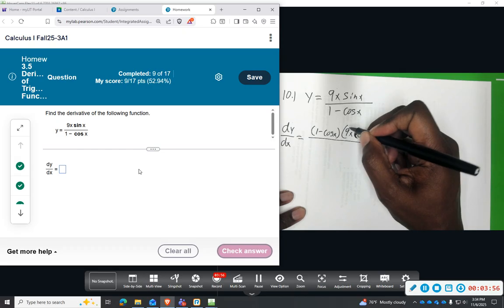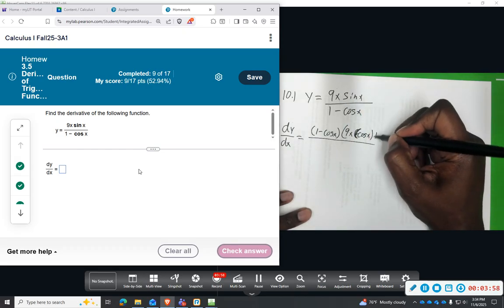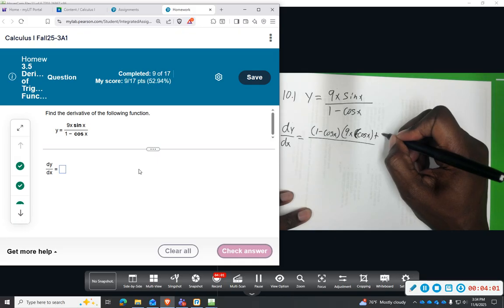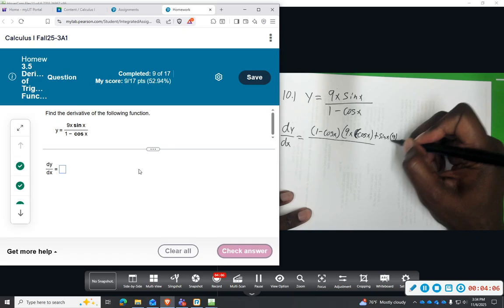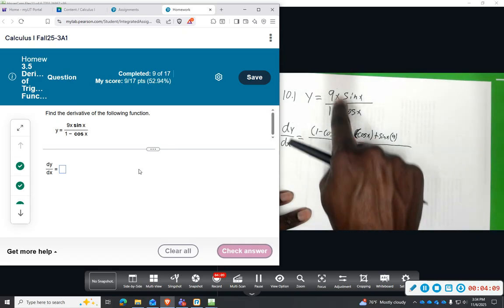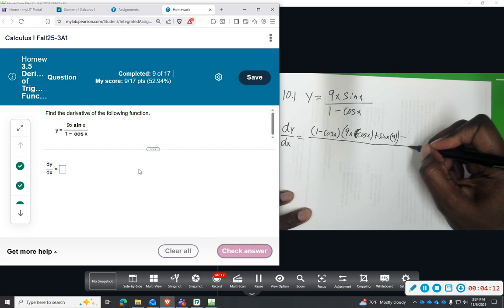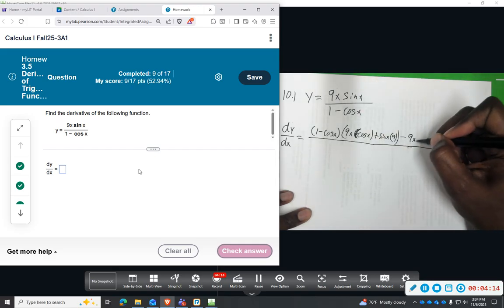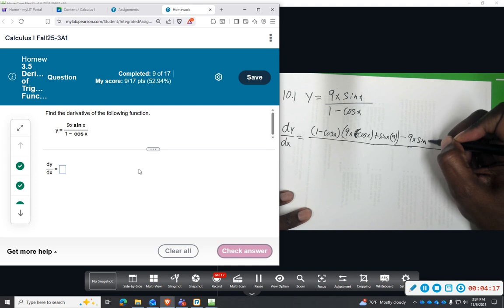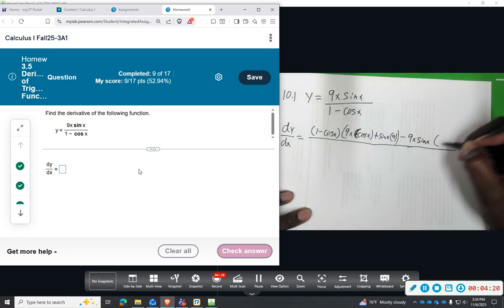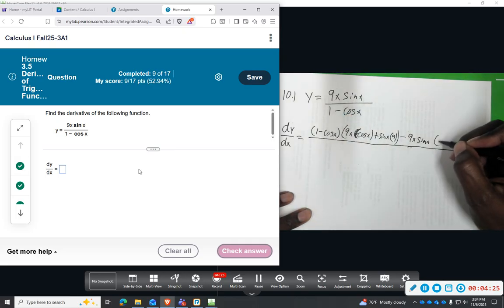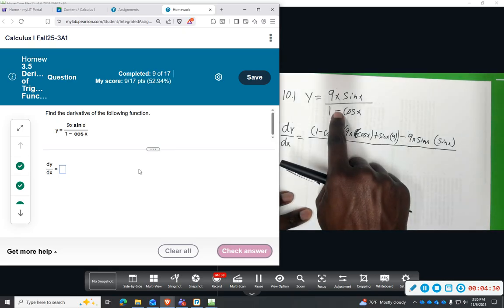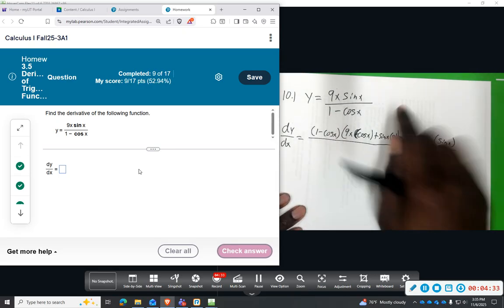So 1 d2 plus 2 sine of x times the derivative of the first, which would just be times 9. So this is low d high minus the top times the derivative of the bottom. So the derivative of cosine is going to be a negative sine, so a negative is going to be a positive sine. So it changes signs here, and then all over the bottom squared.